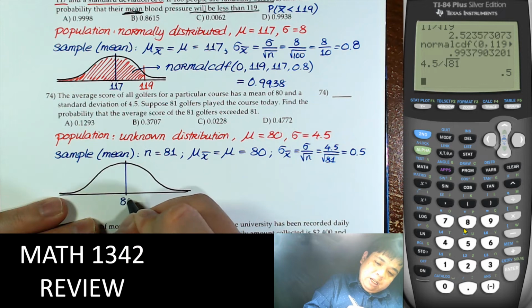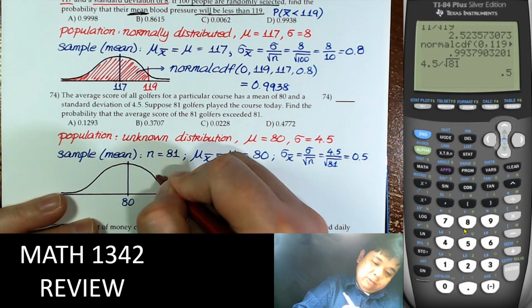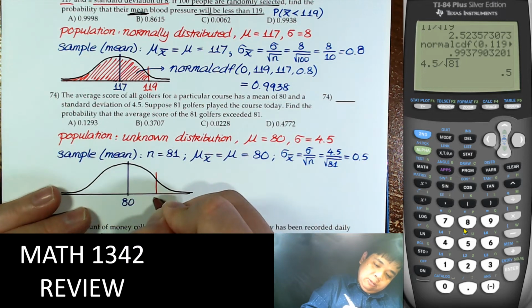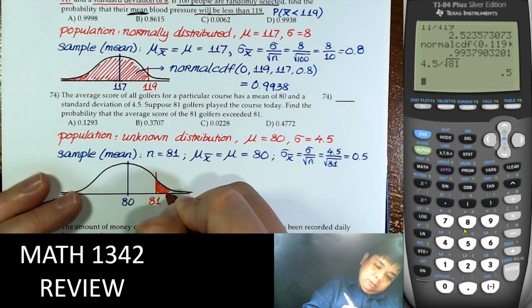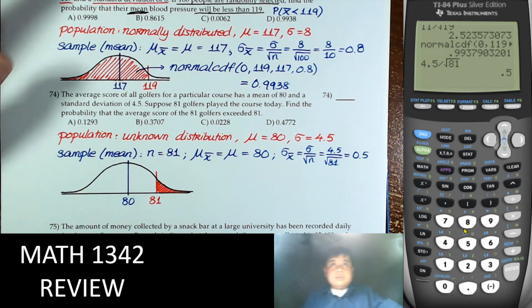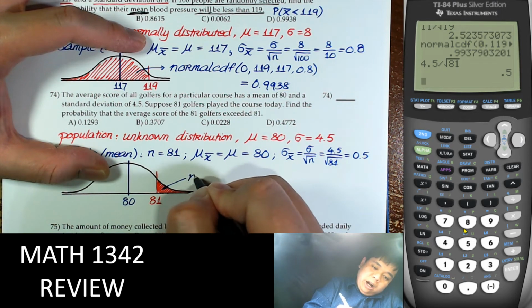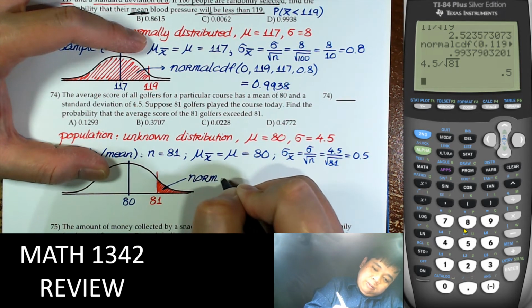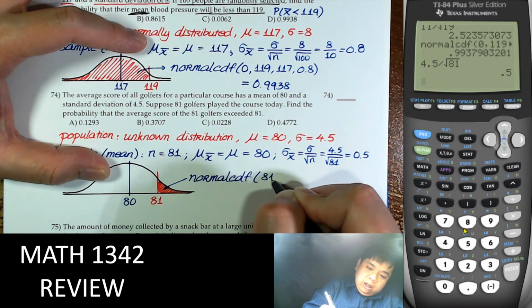It means 80. Now we want more than 81. So area will be normal CDF. The lower will be 81.